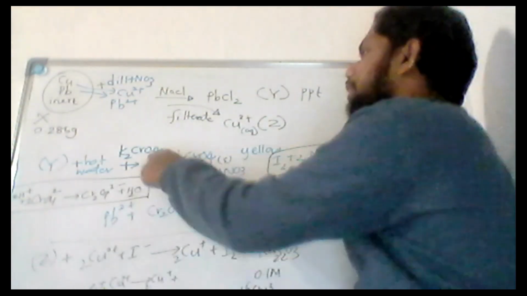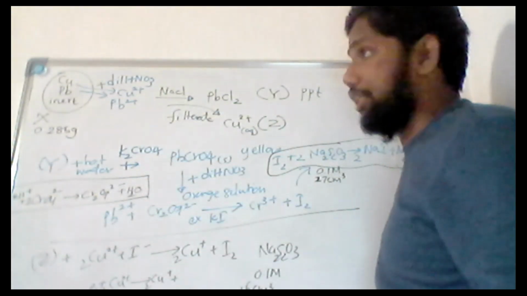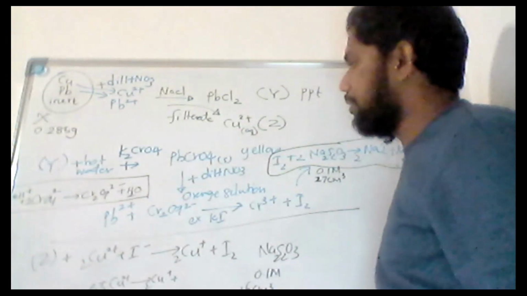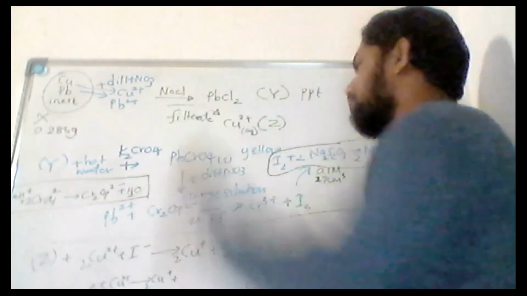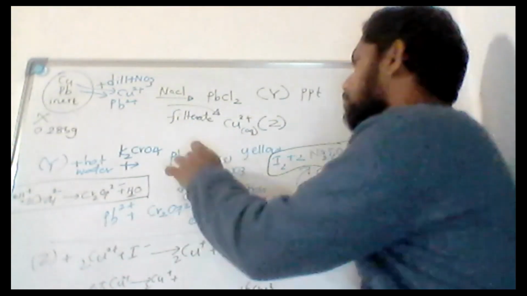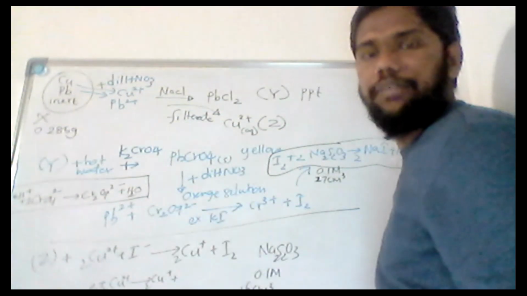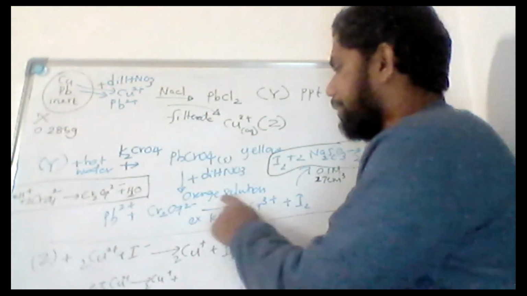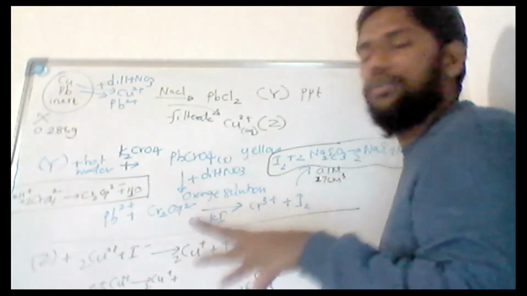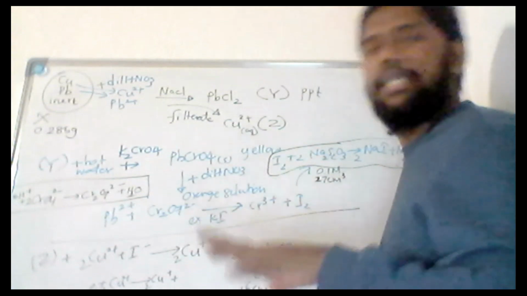So when you add K2CrO4, as mentioned in the description, they were able to see a yellow precipitate. So this should be lead chromate. And again, they have dissolved this in acidic medium, which converts this chromate to dichromate because they were able to observe the orange solution. So you know, we have seen many times also when you have a chromate and a dichromate solution, they are always in equilibrium.